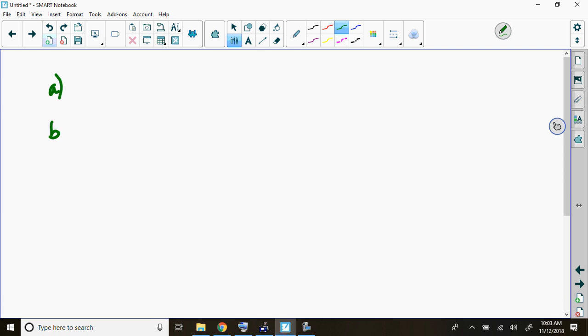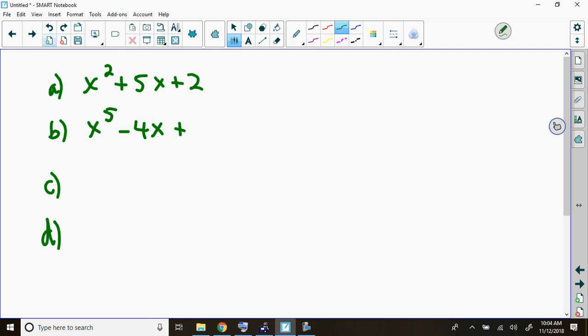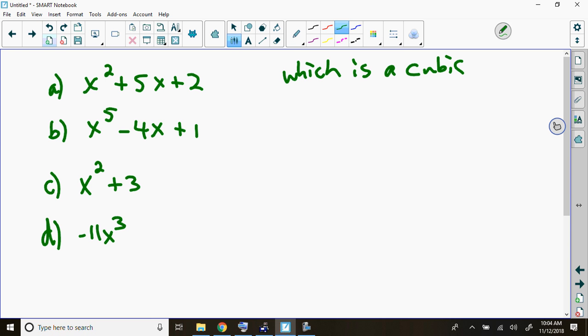A, B, C, D. X squared plus 5x plus 2. X to the 5th minus 4x plus 1. X squared plus 3. Negative 11x cubed, which is a cubic polynomial.